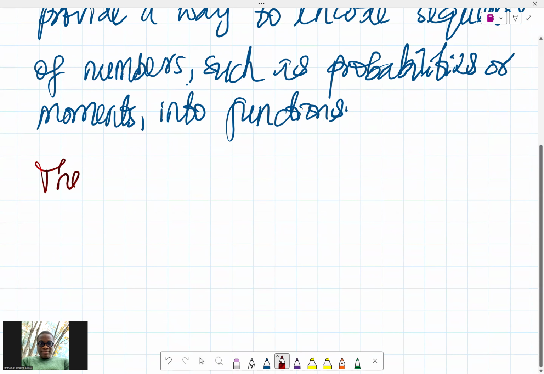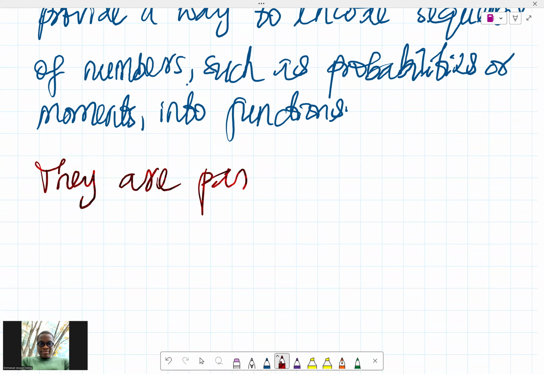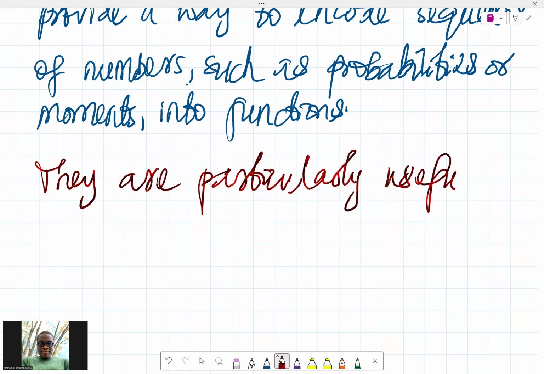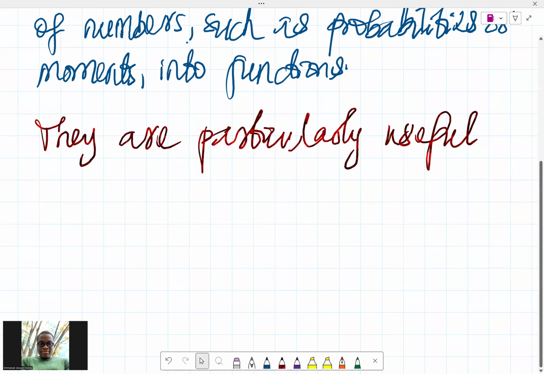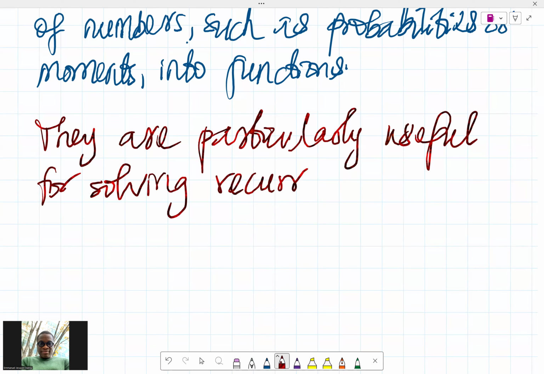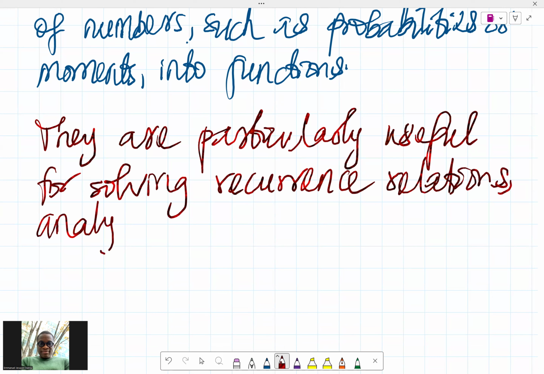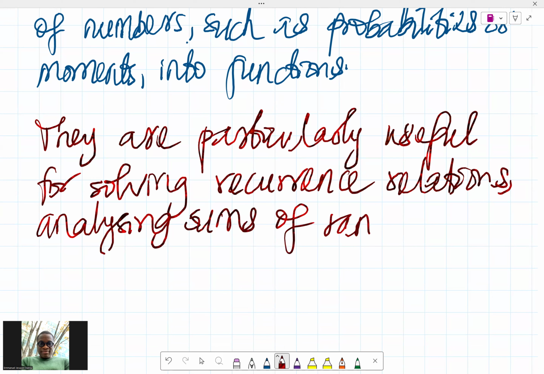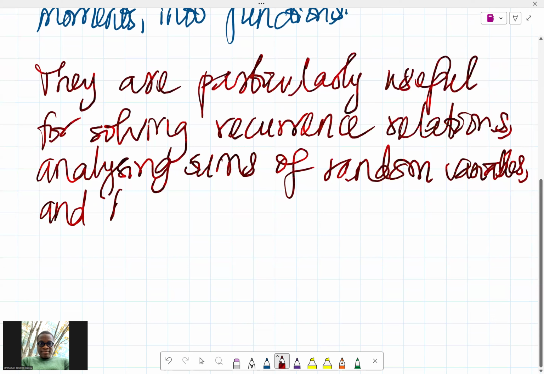They're particularly useful for solving recurrence relations, analyzing sums of random variables, and handling distributions.